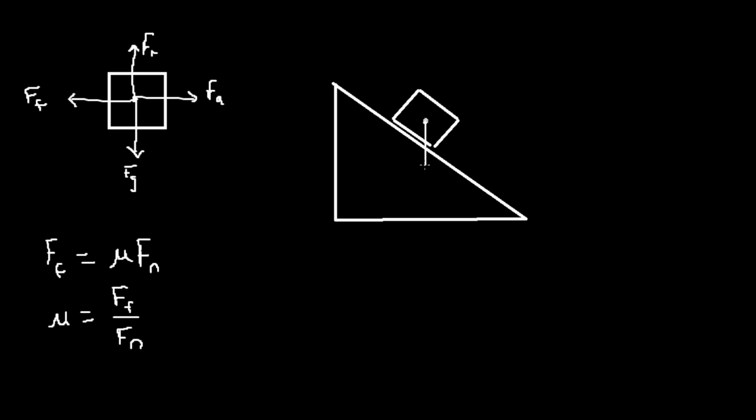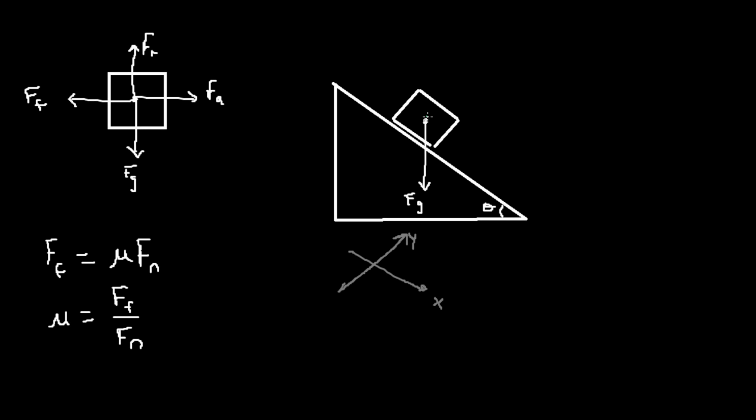We know that there's a force straight down, and that is the force of gravity. And here we have our theta. Now this force of gravity has two components. One is down the ramp, which we'll call down the ramp x, and we'll call up the ramp, or perpendicular to the ramp, y.